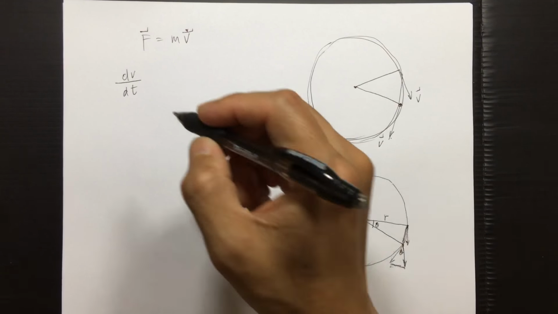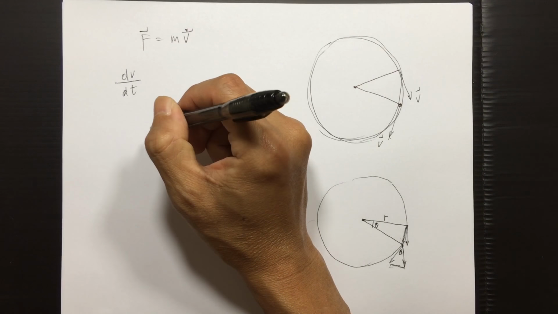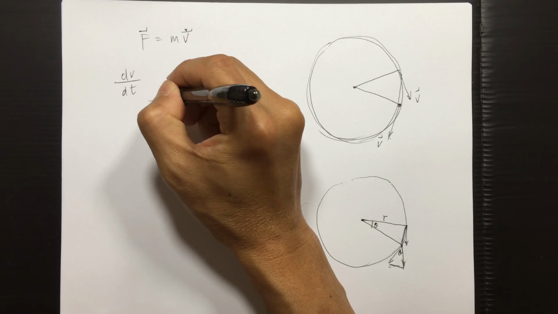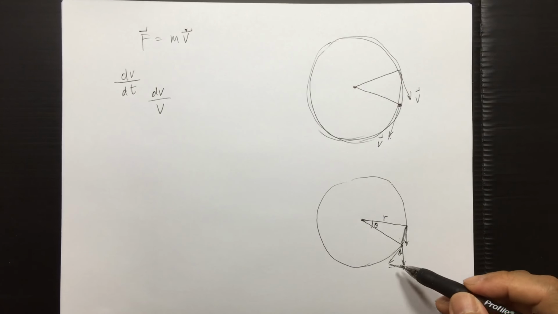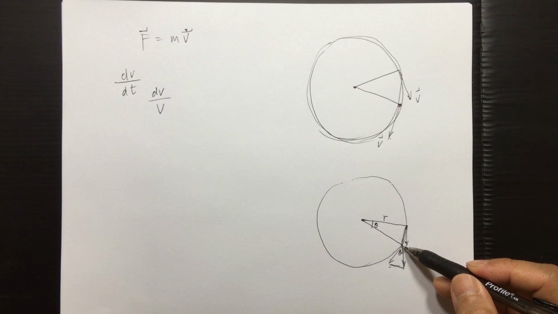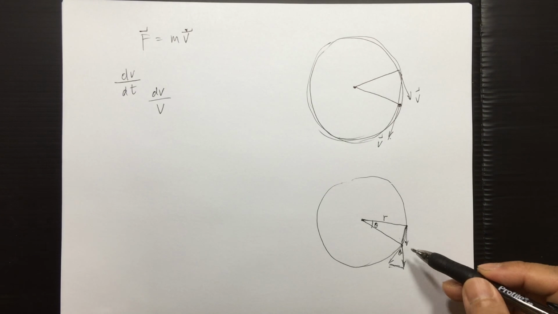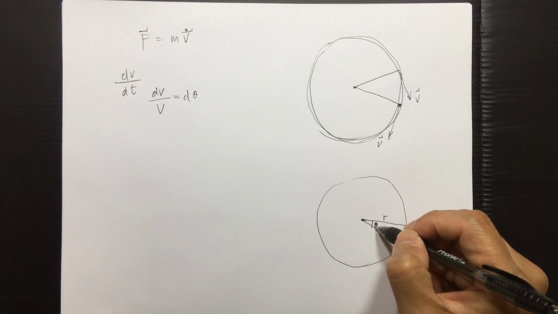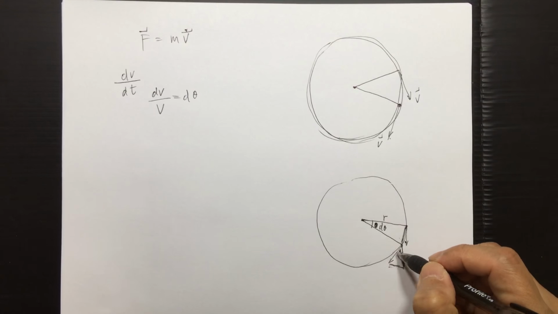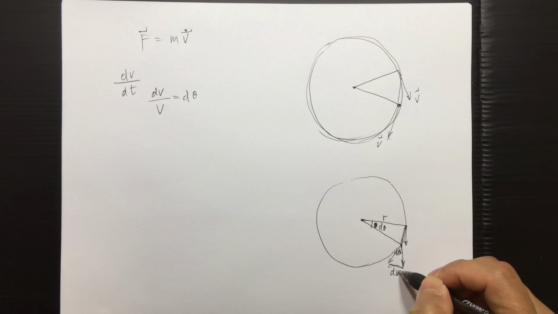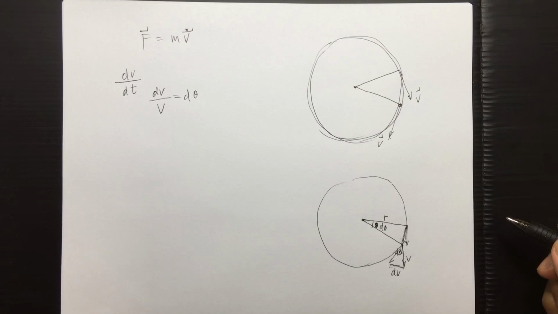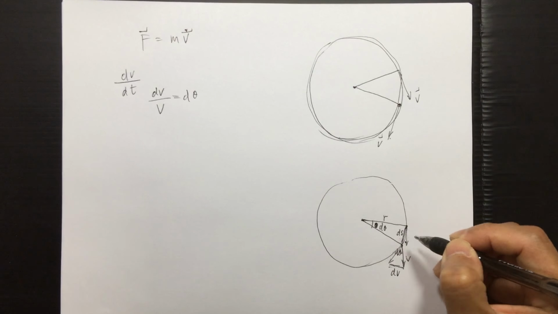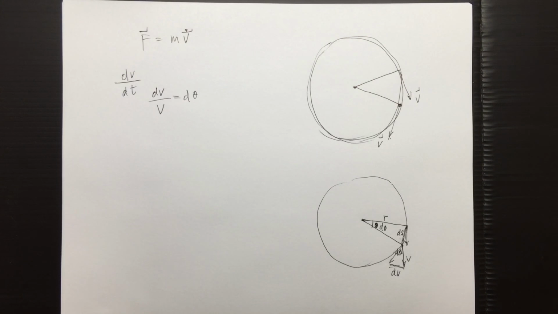Let's say v. This is dv divided by this v, that's d theta. Let's just do this. This is dv, this is v, and this is ds, how much the thing is moving.